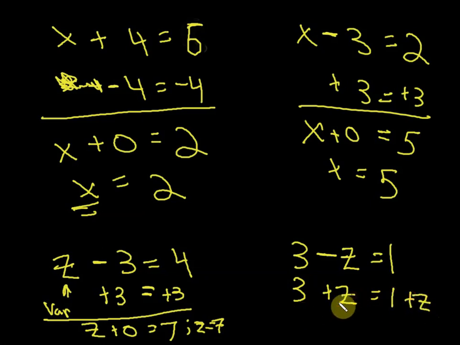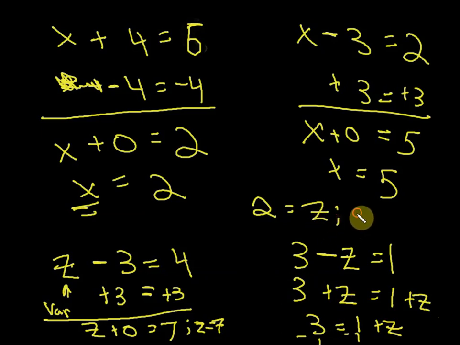So now we have 3 equals 1 plus z. And then it's the same format as before. Subtract 1, subtract 1. So essentially, let me just bring it up here. 2 equals z. Or if you're used to seeing it in the formal way we've done it, z equals 2.